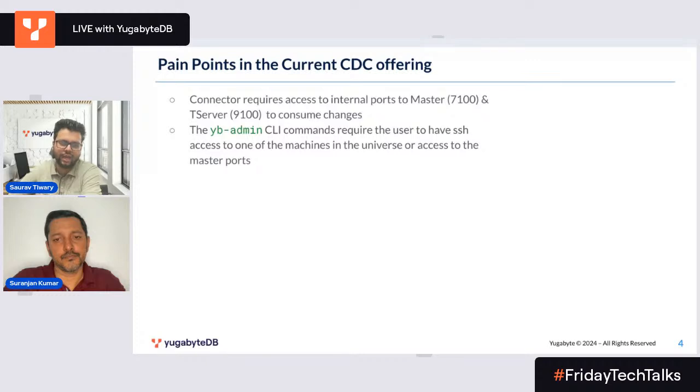The second pain point is the experience itself, which is the YB-admin CLI commands. The CLI itself requires either the user to have SSH access to the machines in the universe or access to the master ports. So either if you're running the CLI from your own laptop, it has to have access to the master ports, or you have to SSH into one of the machines of the universe and run the commands. So these are the 2 main points.